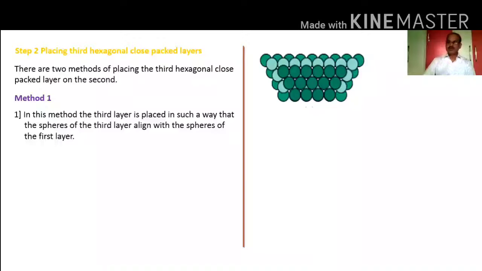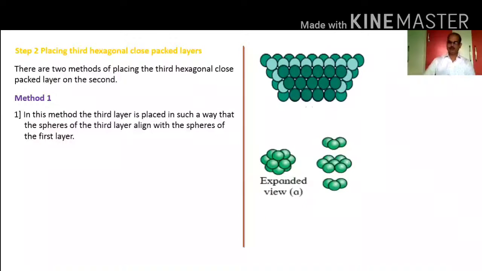Now, to understand it much better, let us take an expanded view. Can you see this particular layer? This is the first layer you can see. This is the layer above it and this is the layer below it. So if this is A, this will be B. Now see the three spheres of this layer and the three spheres of this layer.